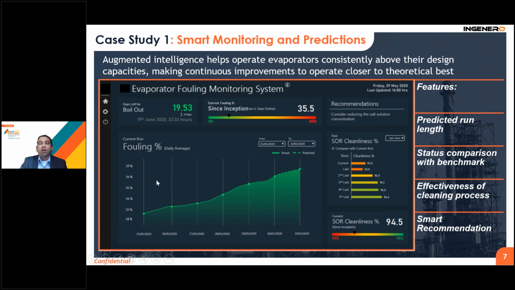We all know fouling is a critical aspect for any industry, and especially for exchangers, because it can not only drive the exchanger performance, but eventually can impact the overall capacity and reliability of the system. Estimating and predicting fouling rate has been a challenge for a long time.